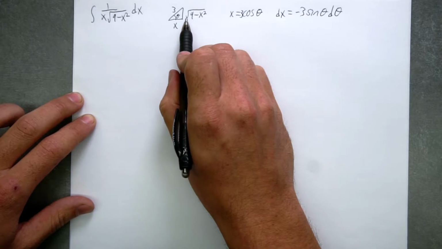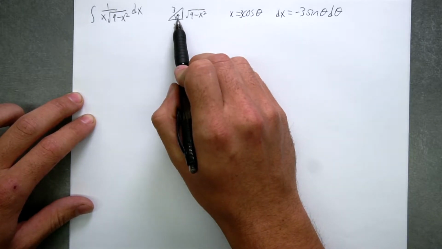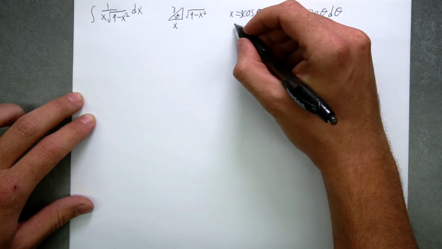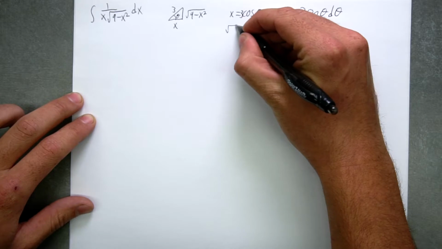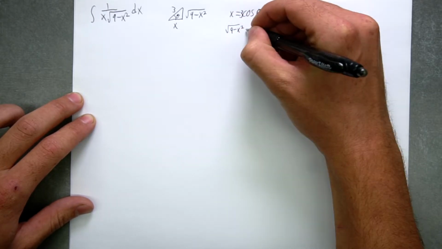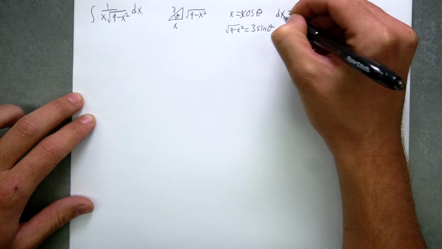We're also able to find this leg by using sine, the opposite over the hypotenuse. So we'll get the square root of 9 minus x squared is equal to 3 sine theta.